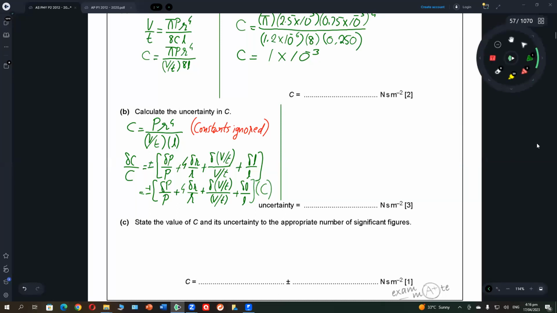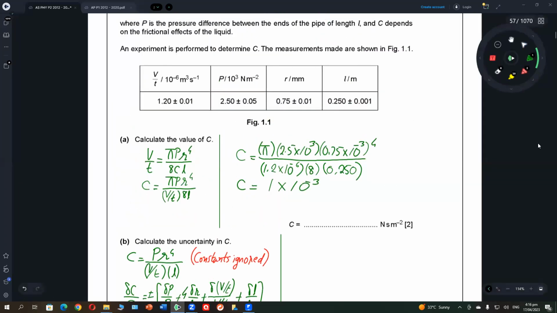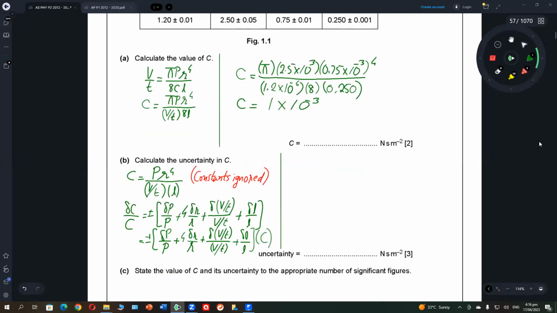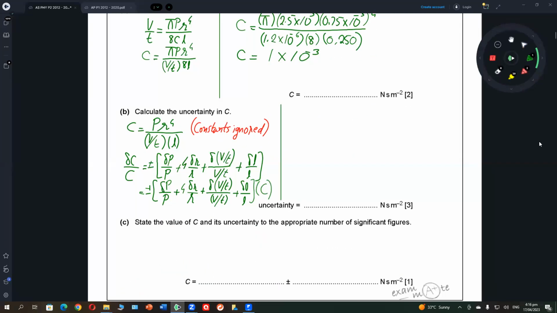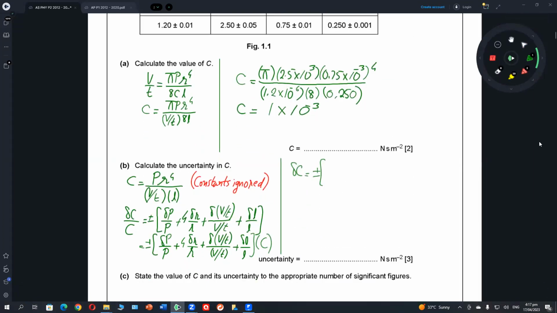Now this is a test of patience because we have to put in all these values. Here unit conversion doesn't matter because it's a fraction. This question gives a lot of data, including unit conversion, but unit conversion is not important.